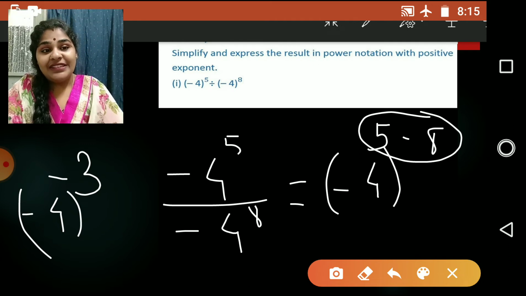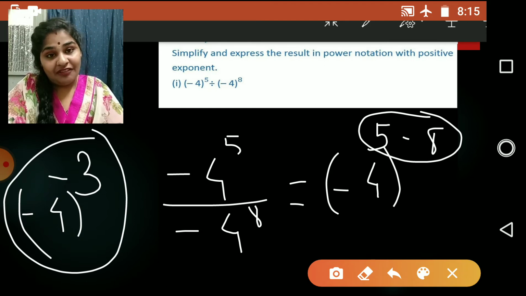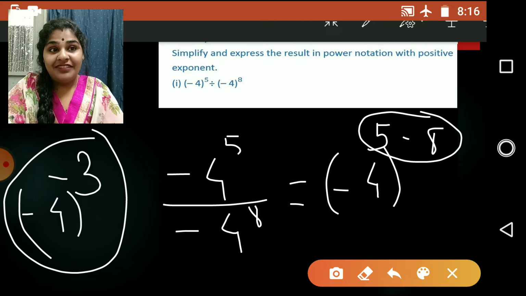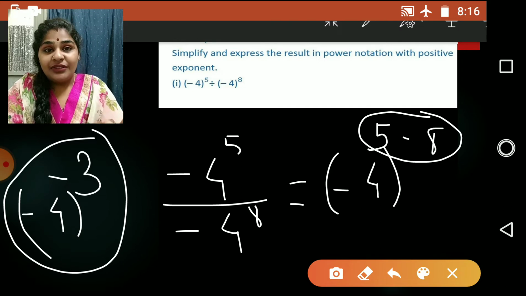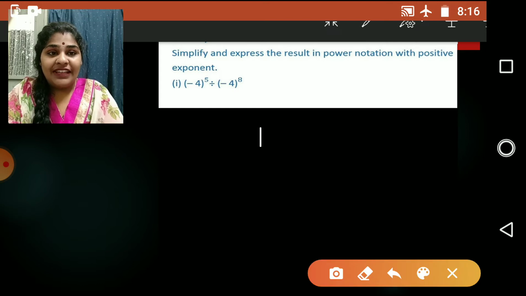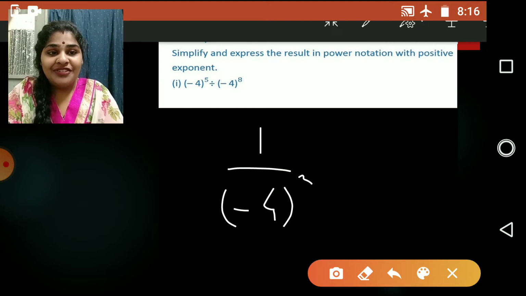And now if you see, this is the power notation. We have a base, we have an exponent, but we need it in a positive exponent. They have told us to bring it to a positive exponent. So this can be written as 1 upon negative 4 to the power 3.